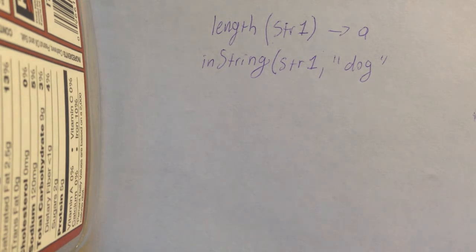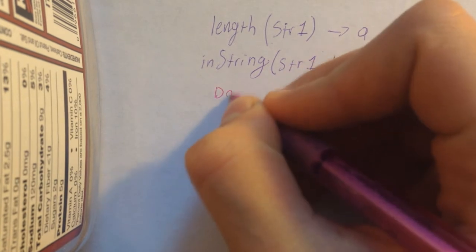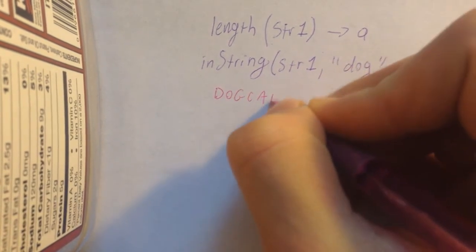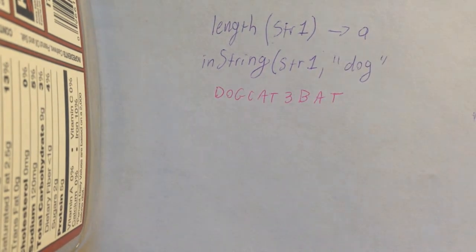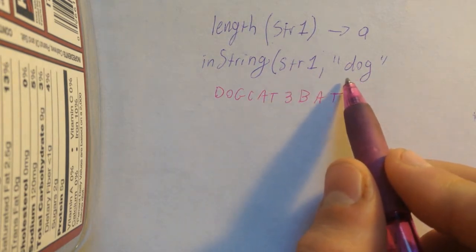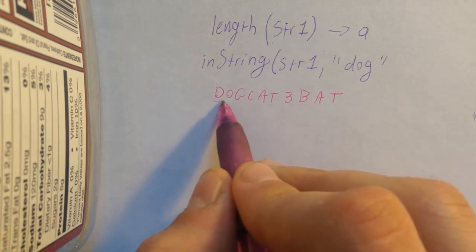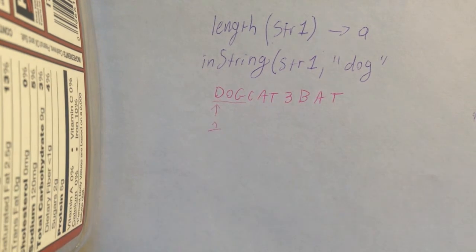So to do this in a better example, in a different color, I'm going to write down an example string. Say we have a string that says dog, a cat, 3 bat, alright? And then we say inString(string 1, dog), it'll find dog right here, D-O-G, and it starts at position 1 in the string, so it'll give me the numerical value of 1.